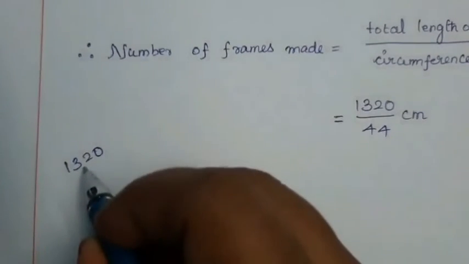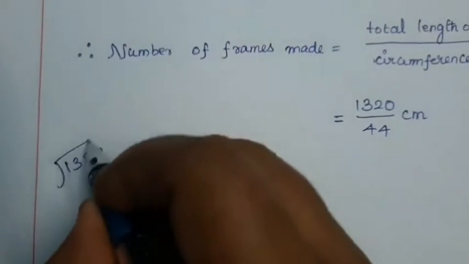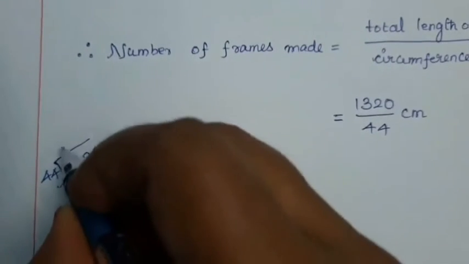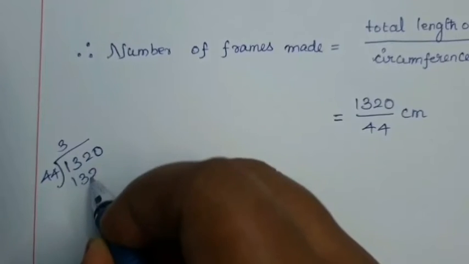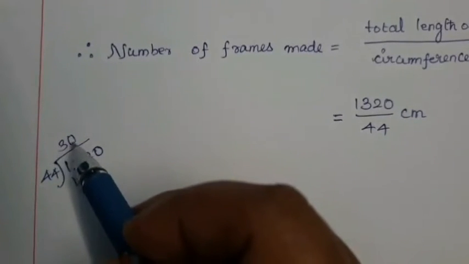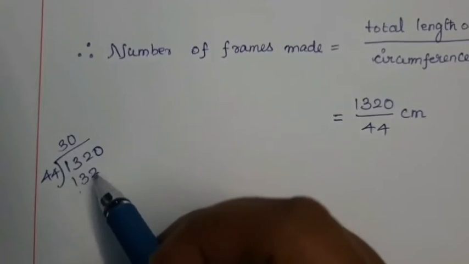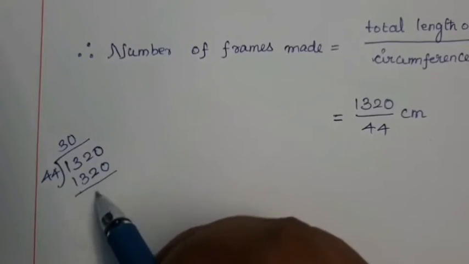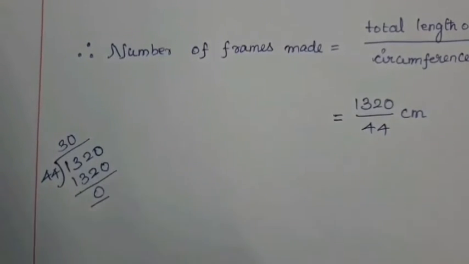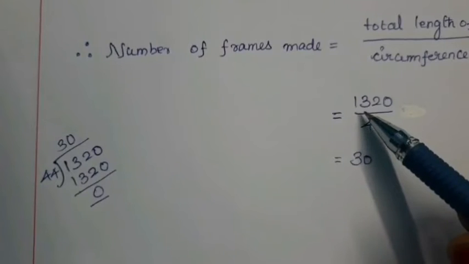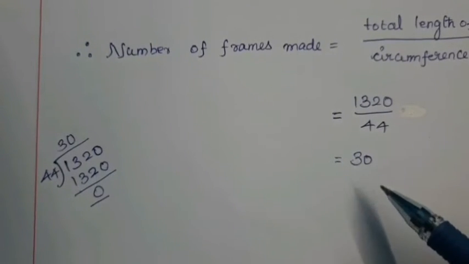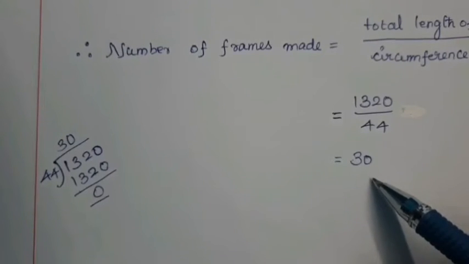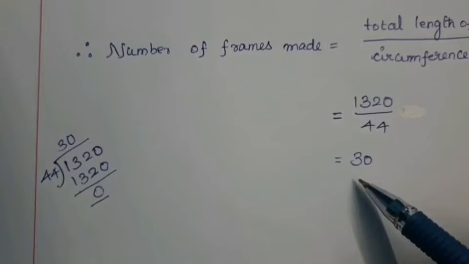By dividing 1320 by 44, we get 3 44s are 132. So 30 44s are 1320. Therefore, by dividing 1320 by 44, we get 30, which is the required number of frames that can be made with the length of 1320.